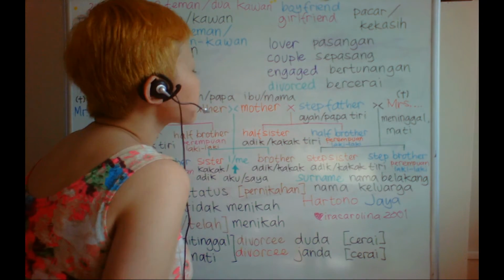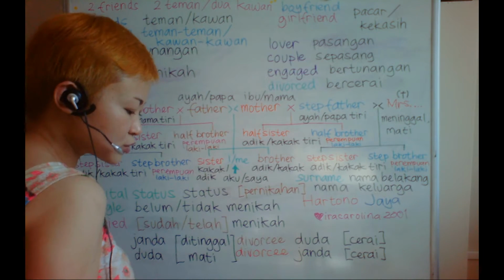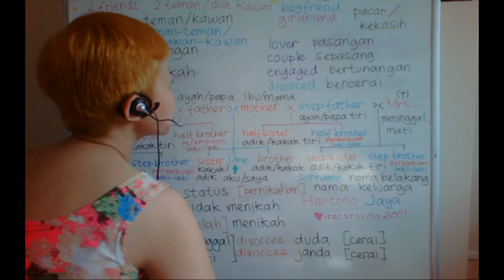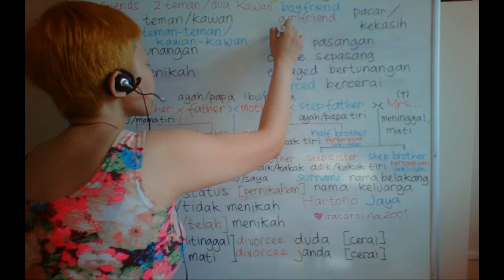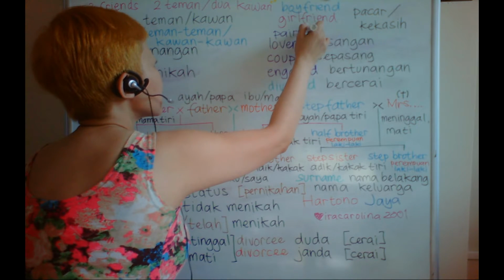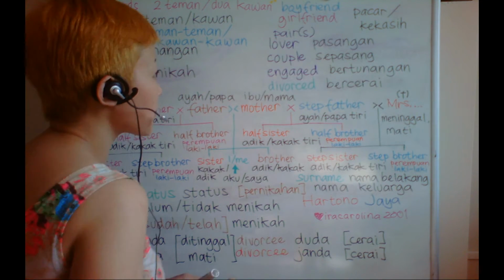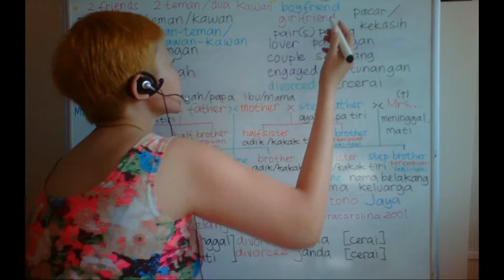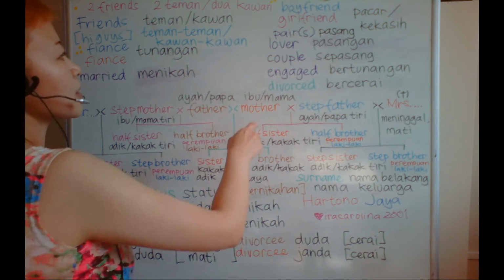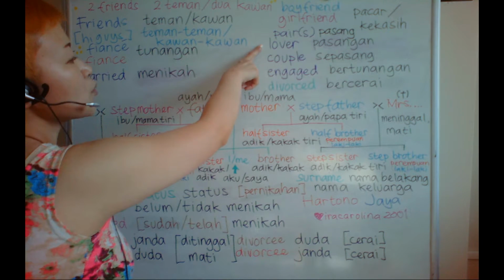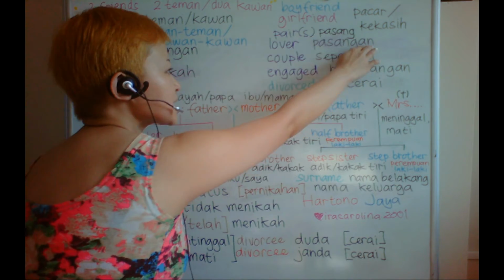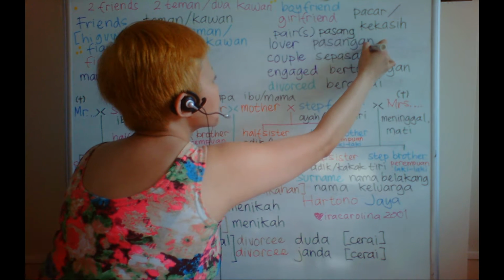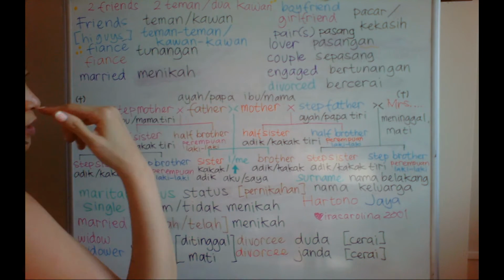As we can see, if you know from my previous videos about prefix, infix, and suffix, I will just write here, pair or pairs is pasang. To make it lover, you put the suffix an. I will just put with yellow here, yellow stripe, so it doesn't catch attention.